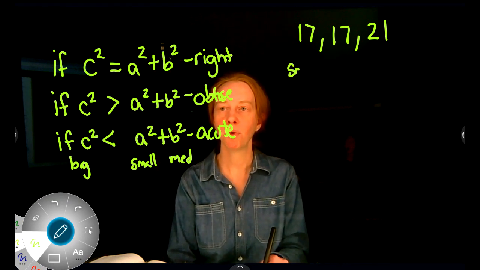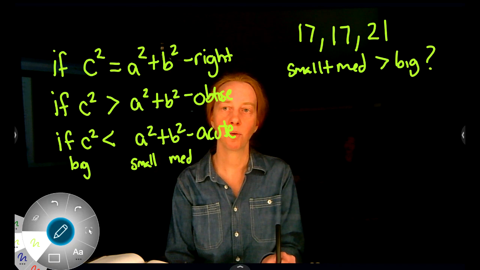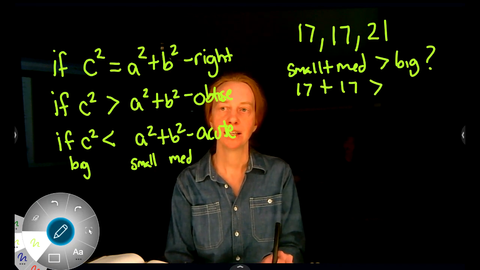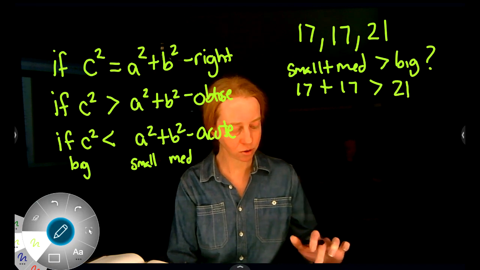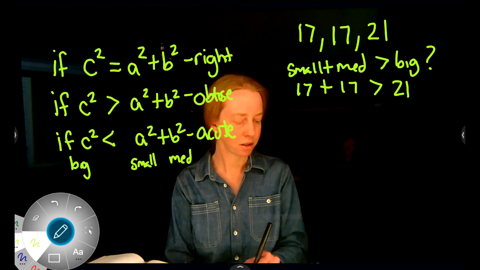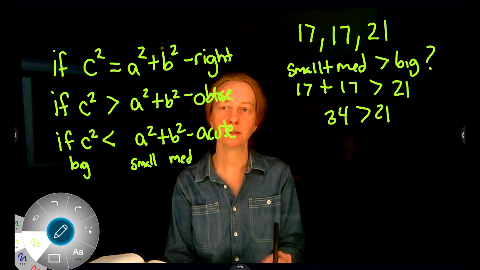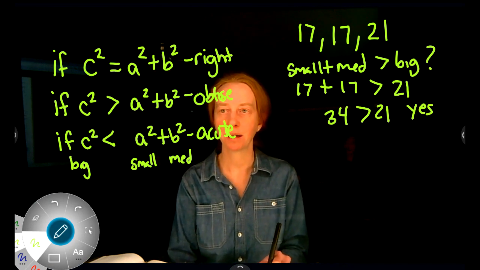So we're going to do small plus medium. Is that greater than the biggest one? That's our question. So 17 plus 17, is that greater than 21? 17 plus 17, I'll use my calculator, 34. 34 is greater than 21, so check. Yes, it's a triangle.